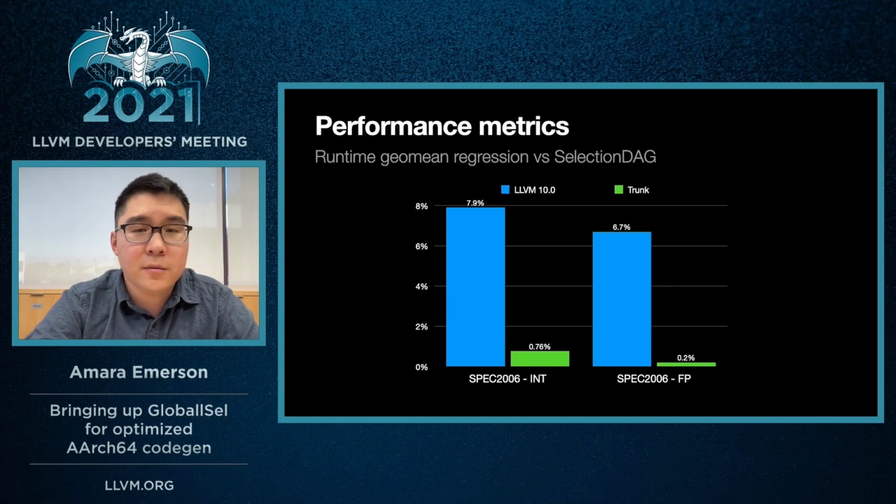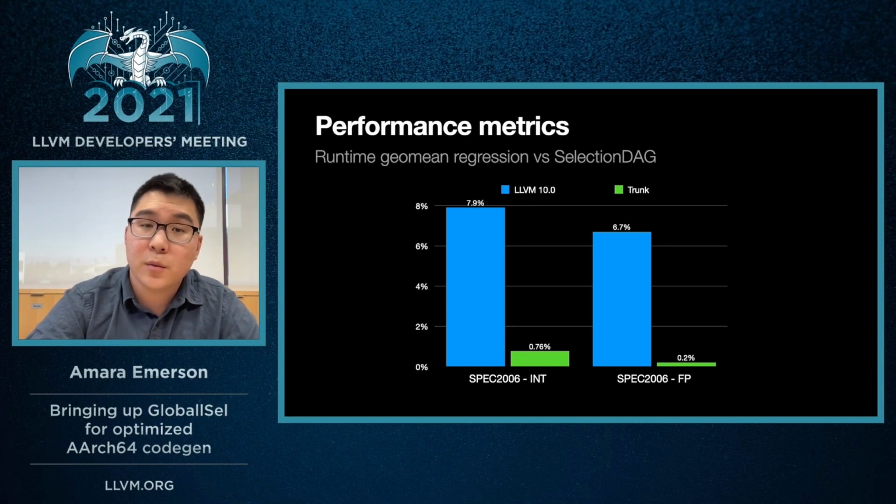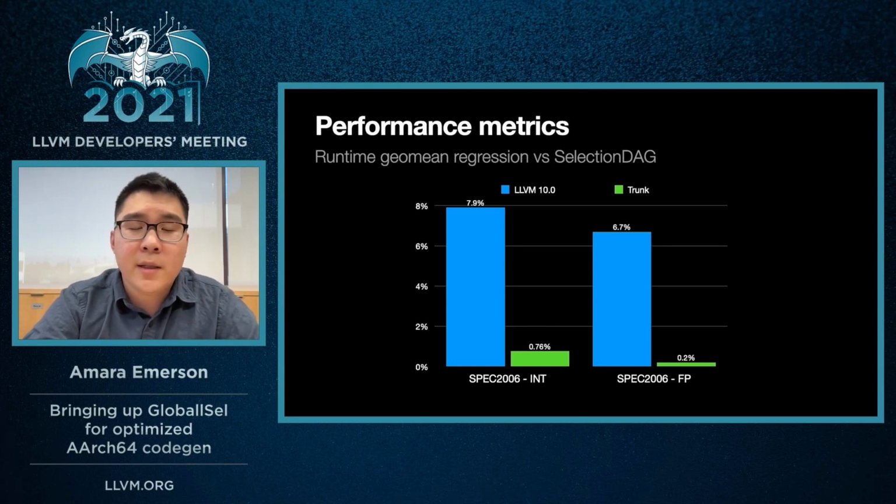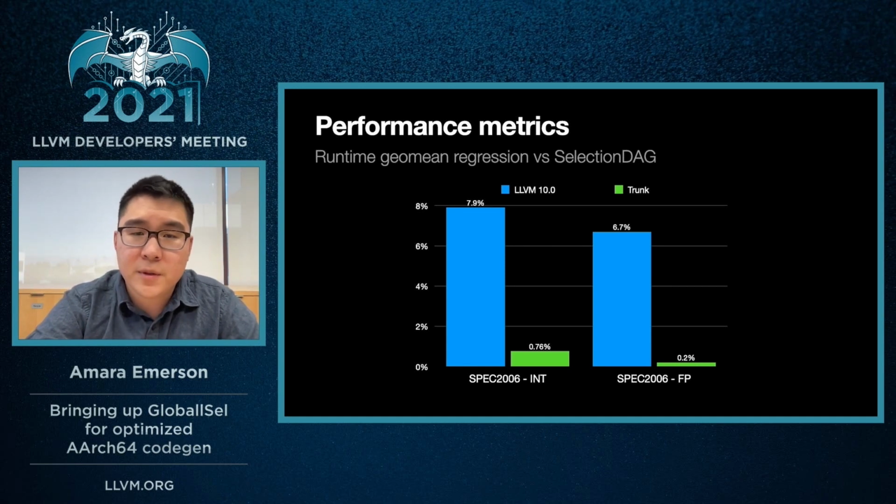As you can see on SPEC int and SPEC fp 2006, we are roughly 6 to 8% slower geomean. And within that number, of course, some benchmarks were significantly worse as well. Right now, we've brought that geomean regression on trunk down to less than 1%, and the actual performance number varies from run to run as well, but we're almost there.